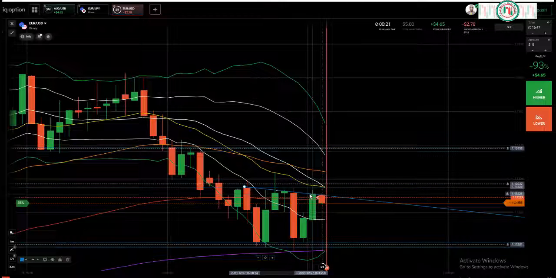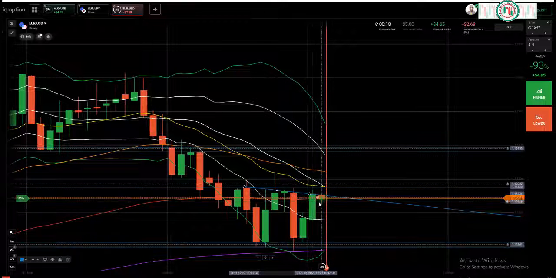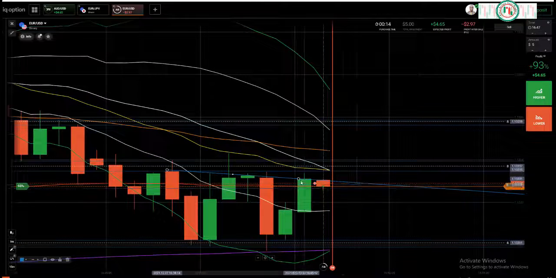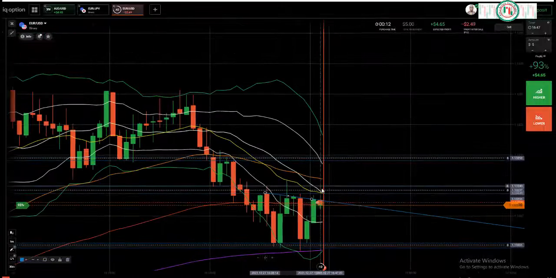Market closes at this trend line, so now definitely sellers must enter, because I can see rejection on this trend line.